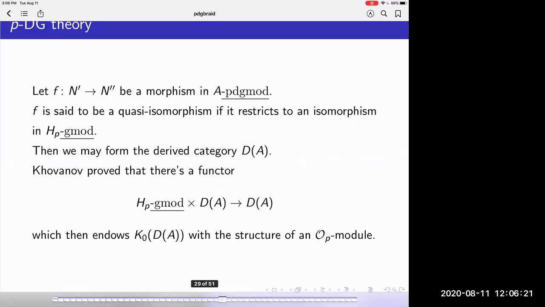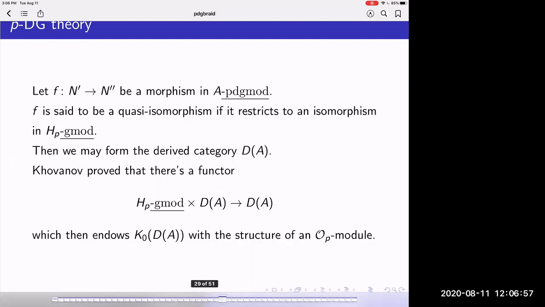So let's let F be a morphism in the homotopic category between PDG modules. So the fact that F is a morphism between PDG modules means several things. It's an A module morphism and also respects the PDG structure. So F is said to be a quasi-isomorphism if it restricts to an isomorphism in the stable category. That means forget about the A module structure, just really think about the PDG structure in the stable category and see if it's an isomorphism there. So one could show that the set of quasi-isomorphisms is a localizing class.